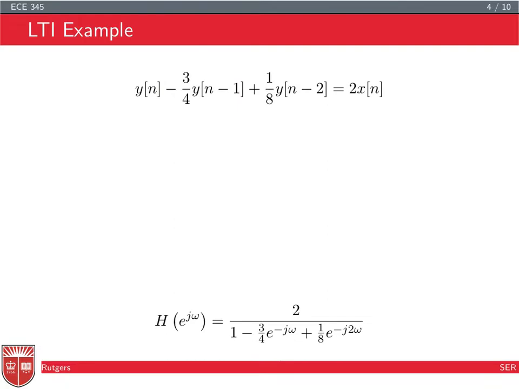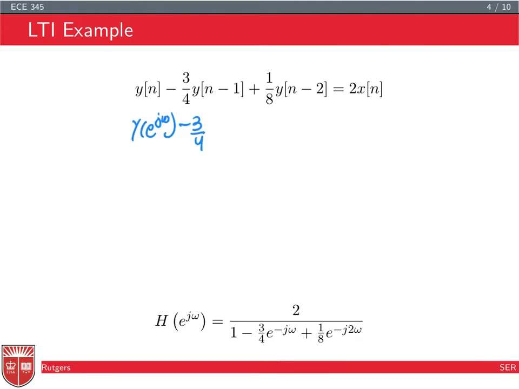Now to do this, we go back to the LCCDE and then we take the DTFT on both sides. Here the DTFT of y[n] is Y(e^{jω}).